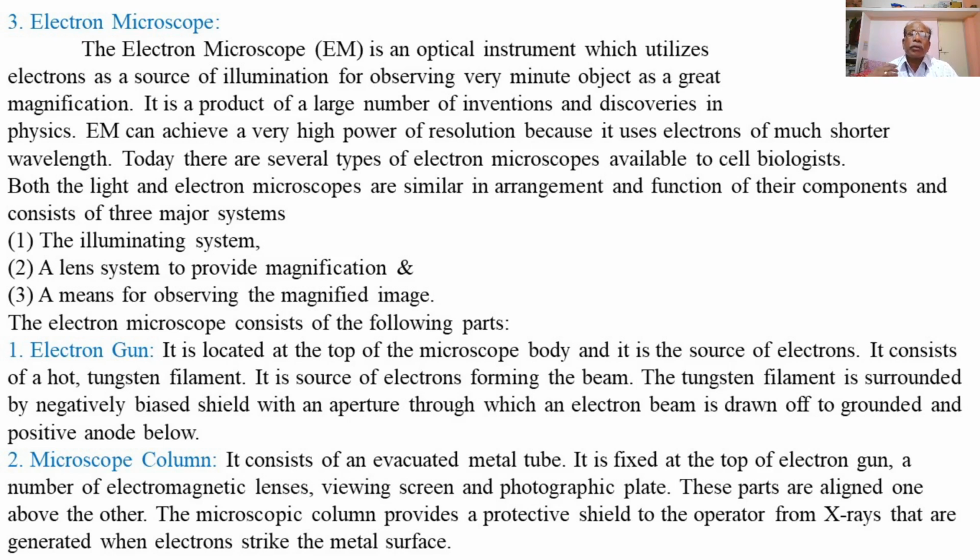It contains a number of electromagnetic lenses, a viewing screen and a photographic plate. So these are the three components present in the microscope column.